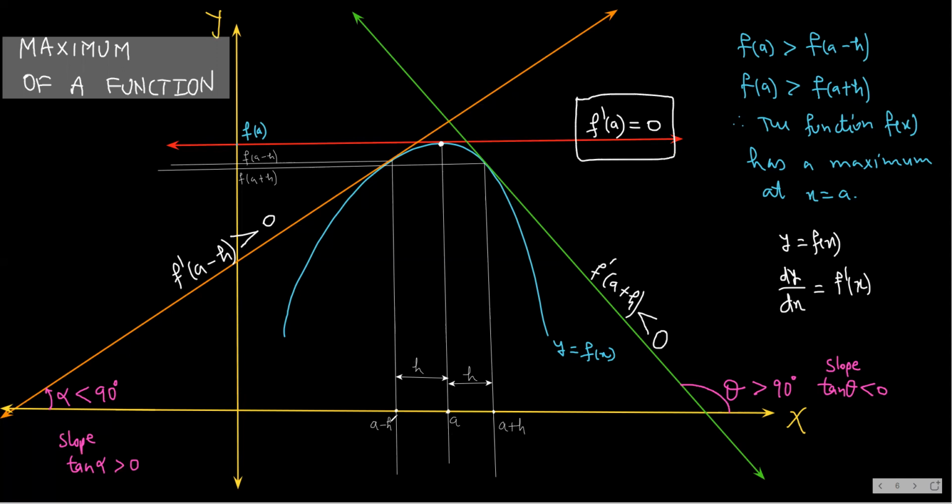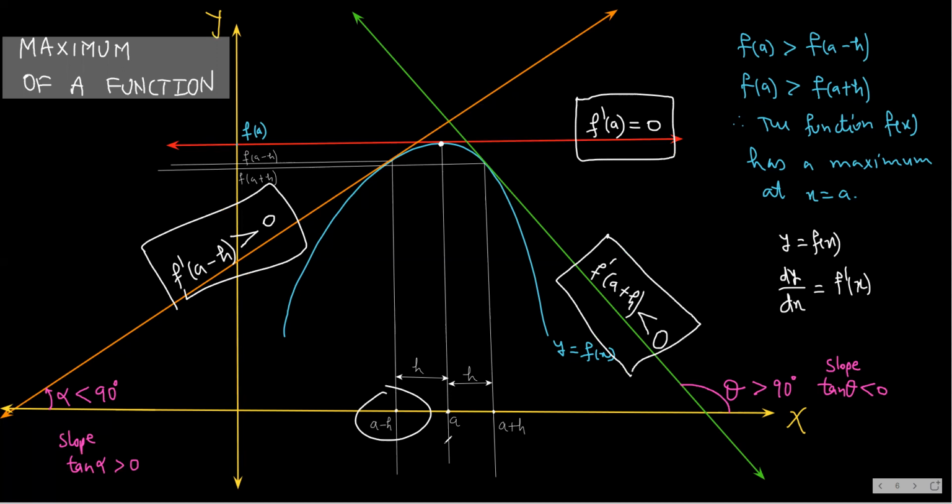Just before x equals a, that is at x equals a minus h, the derivative will be positive, and just after x equals a, that is at x equals a plus h, the function has derivative negative.